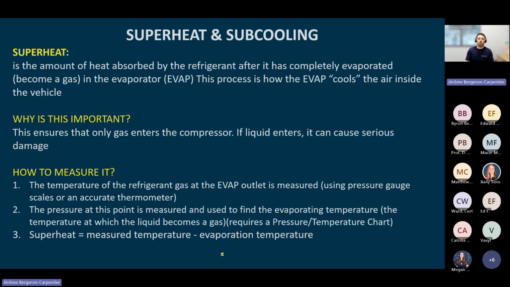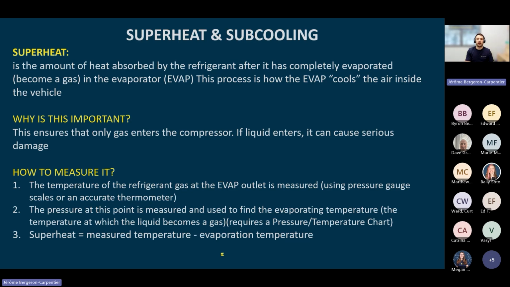I mean, it needs to be liquid, right? We don't want to have a mixture of liquid and gas, otherwise the system won't be performing like it should. So superheat and subcooling are super important concepts that you need to teach.